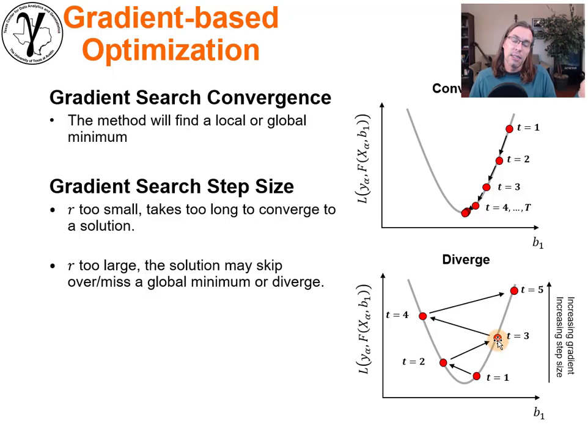Now the gradient is even steeper, and so I go back the other way, but I'm going to go back even further. Boom, boom, boom. And literally our solution will blow up. We will not be able to converge. We will diverge. Okay? So this can happen too. So if you have that problem, you need to use a smaller step size.